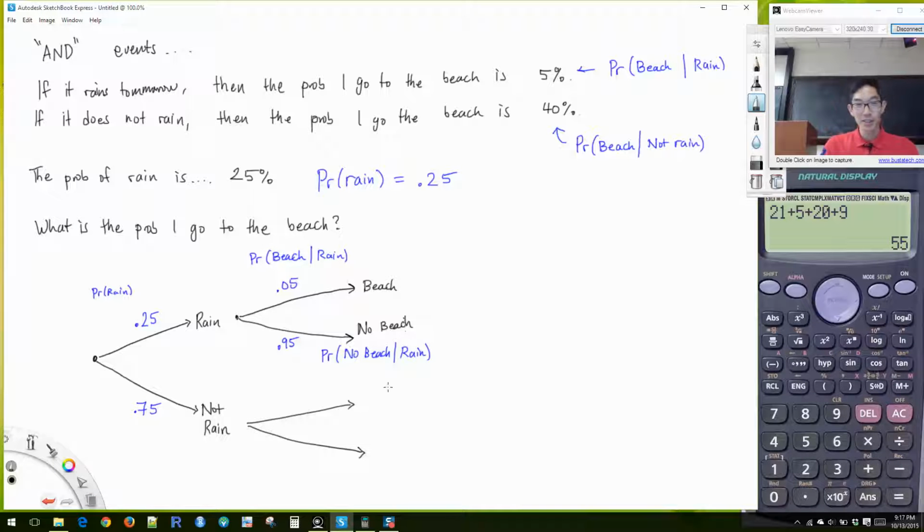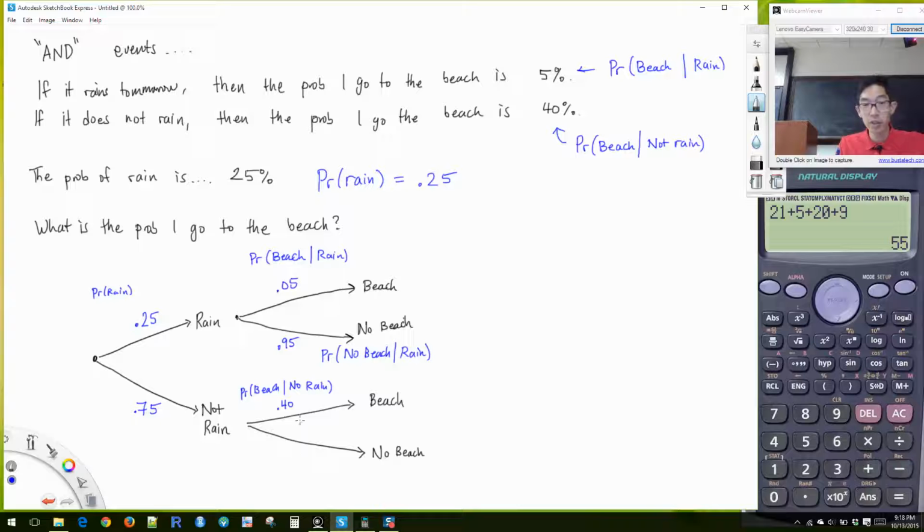All right, let's take a look. If it doesn't rain tomorrow, then what could happen? I could go to the beach, or I might decide not to go to the beach. If it does not rain, then the probability I go to the beach is 40%, so I'm going to put 0.40, and this would be probability of beach given no rain.